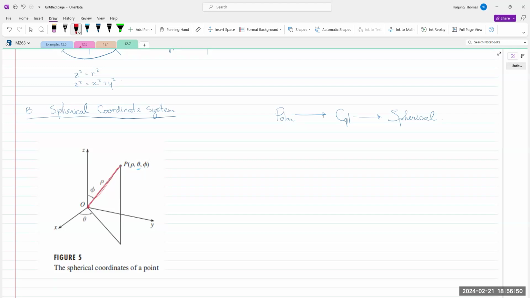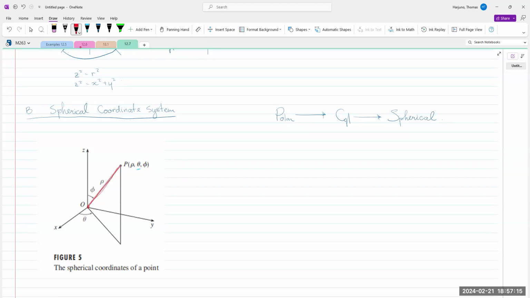Rho is the radius in 3 dimensions, the direct distance. Now you will see toward the end later on why we call this spherical coordinate system, because it is very nice to describe a surface or coordinate or a figure that is spherical in nature.